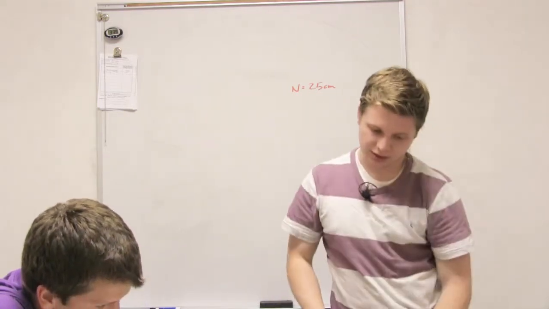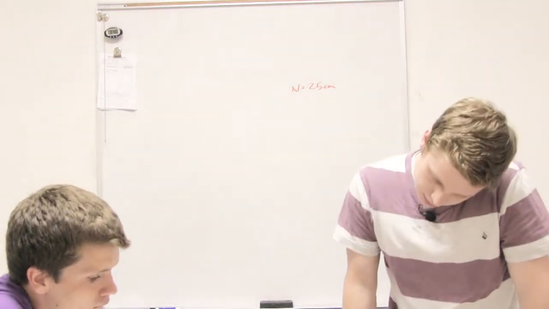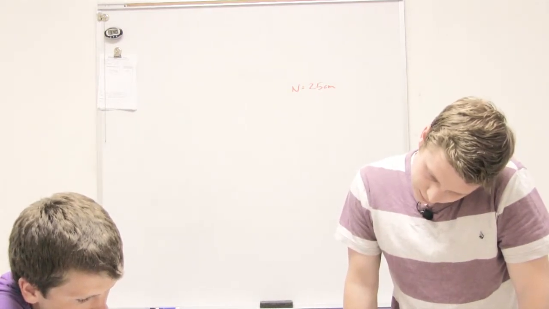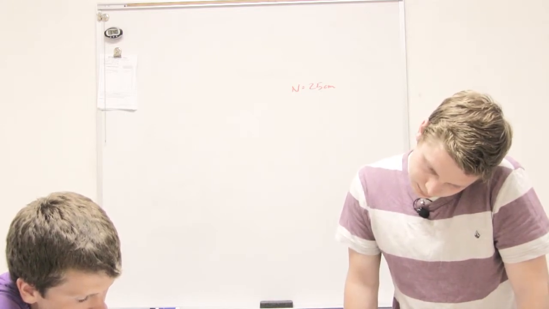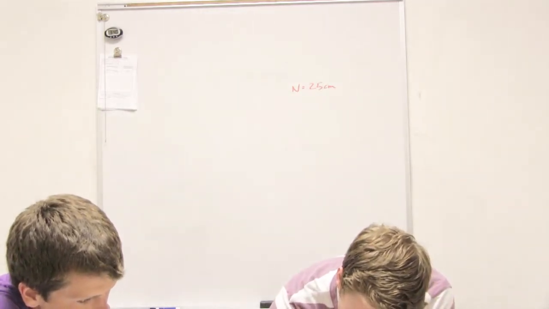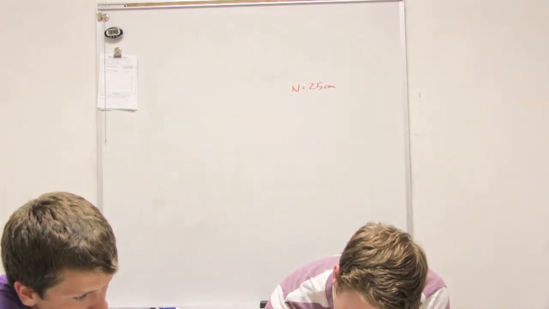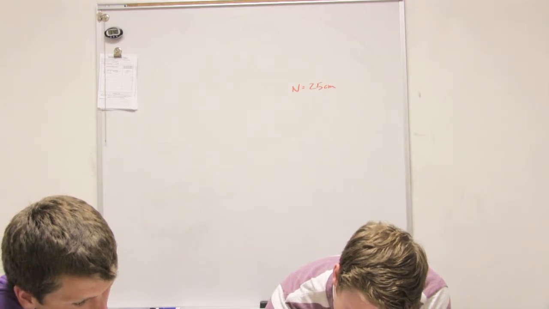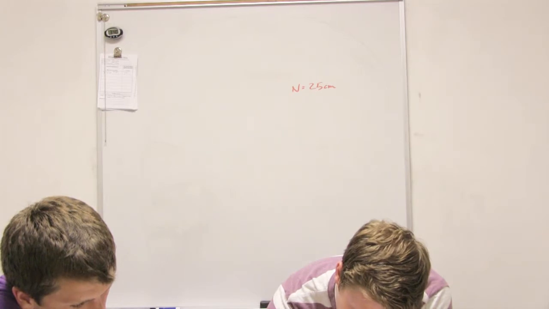Okay. The diameter of the pupil varies from about 0.1 centimeter to 0.8 centimeters, and the eye is about 2 centimeters long.